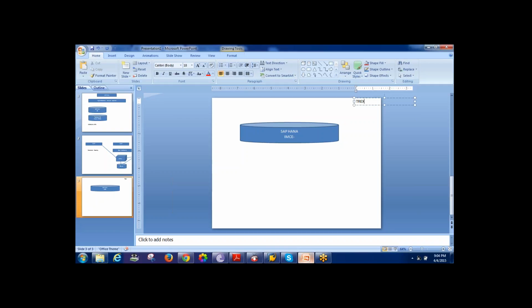The in-memory computing functionality of BWA is referred to as TREX. SAP HANA leveraged the TREX functionality and added it into SAP HANA.